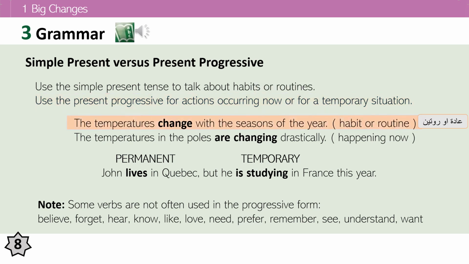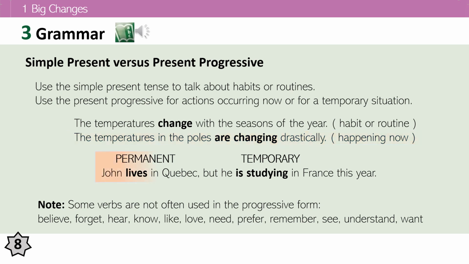The temperatures change with the seasons of the year. Habit or routine, and this change is regular. Number 2. The temperature in the poles is changing drastically, happening now, in this period of time.